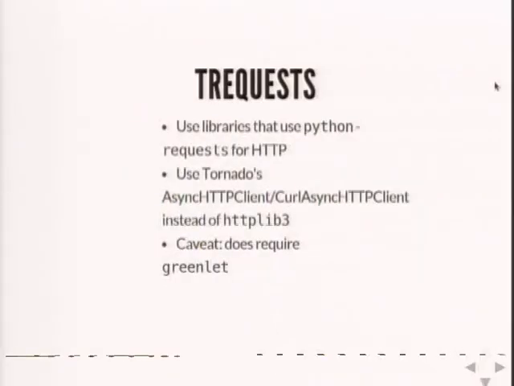So I wrote this client handler for Tornado, so you could swap out the default async HTTP client for this one. It does use Greenlet to wrap the Python requests calls. So that's one caveat. I don't find that much of a caveat. Greenlet pretty much works in most places.